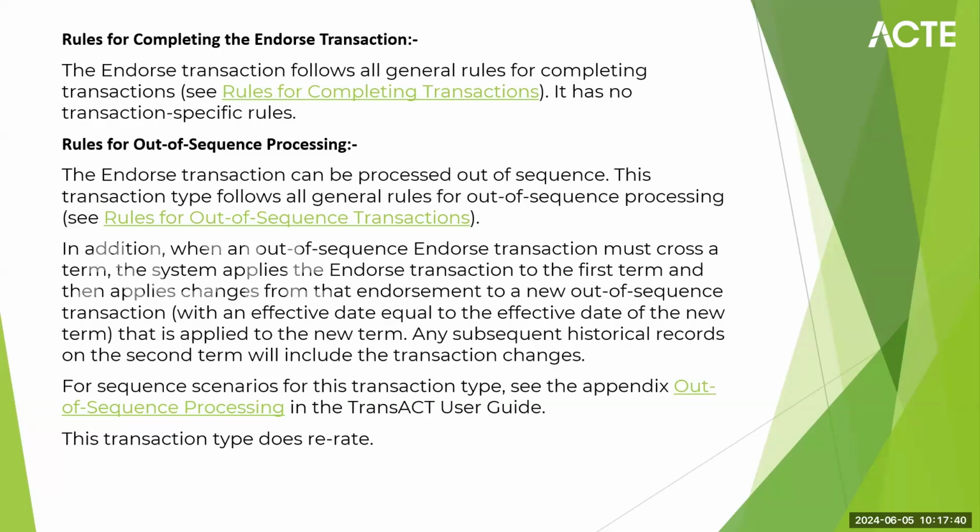Suppose if you have given an effective date of 6th June 2025, then it is an out of sequence. That means the range should be between the effective date and expiration date. But if you give outside of that, then it is called out of sequence.